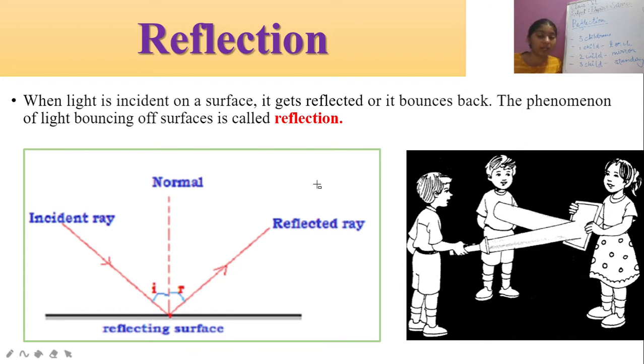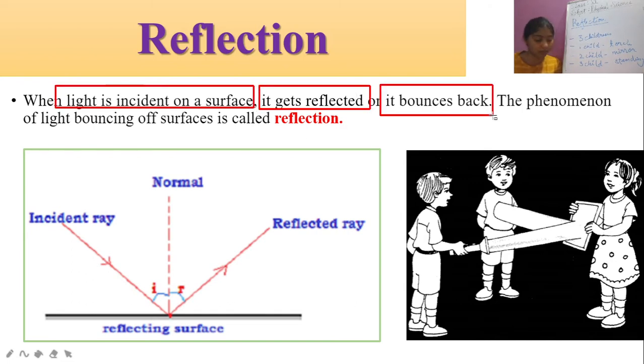You can come to know that from the picture alone. When light is incident on a surface, right? When light is incident on a surface, it gets reflected and bounces back. So let me draw a diagram. You can see that a mirror is here, right? And the torch, let's consider it here. Right?